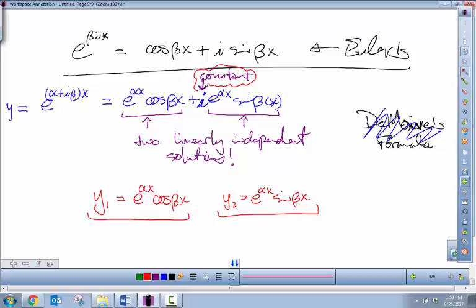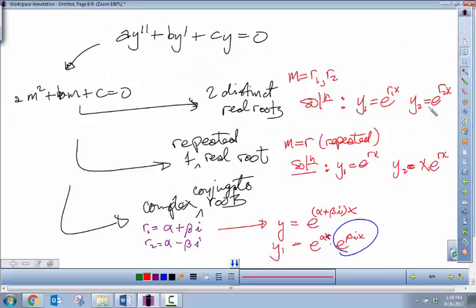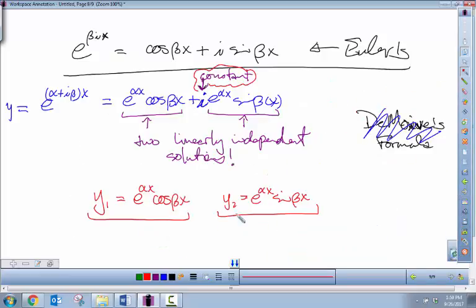Either your functions are e to the whatever power, or if it's repeating, it's e to that power, and then your other one would be x times e to that power, and then your third scenario is when you have complex numbers, then your solutions are this. Okay? All right. Whew. That's a lot.